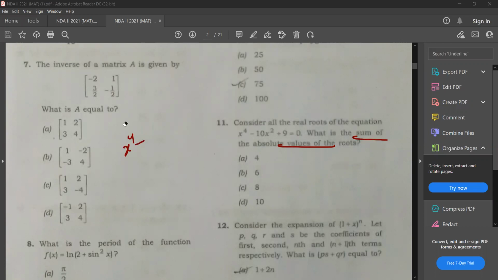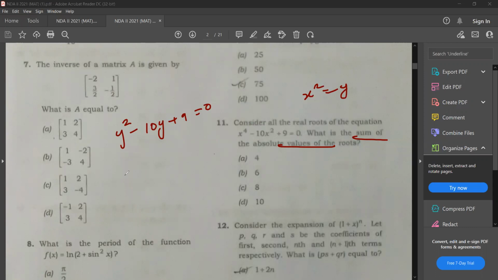So if I find out the roots, what I'll get? If I put x square is equal to y, this will become y square minus 10y plus 9 equal to 0. If I multiply, I need to get 9, and if I add, I need to get 10.